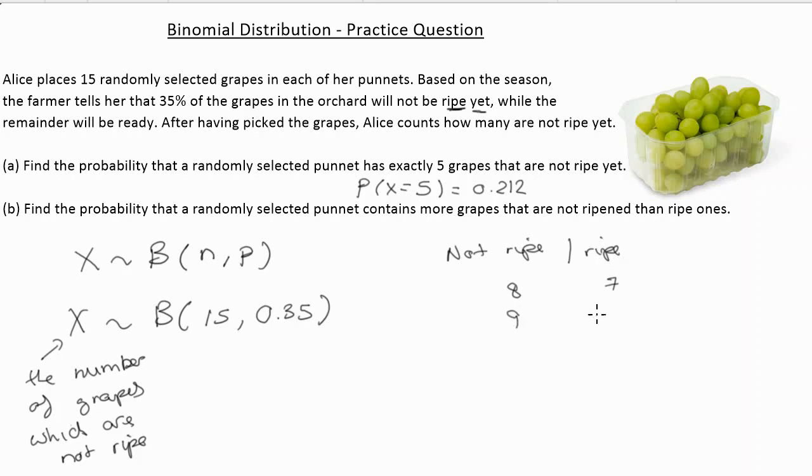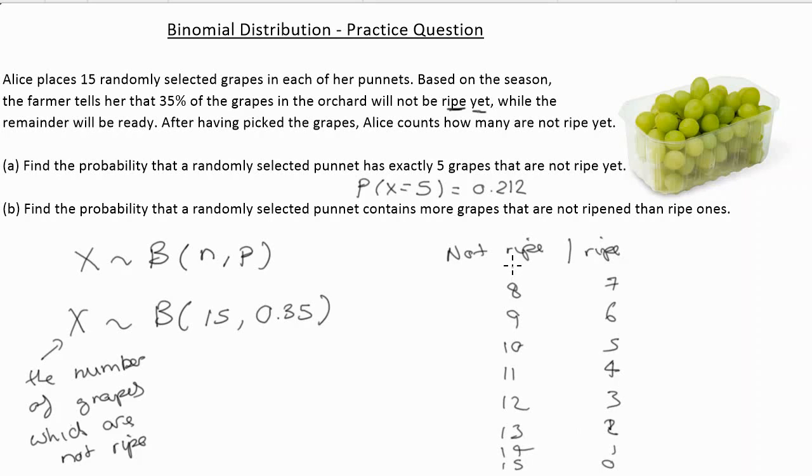We could have 9 of these and 6 of these. Remember, we're splitting 15 because she picks 15 per punnet, or 10 of these and 5 of these, 11 of these, 4 of these, 12 and 3 of these, 13 and 2 of these, 14 and 1 of those, and 15 and no grapes that are ripe.